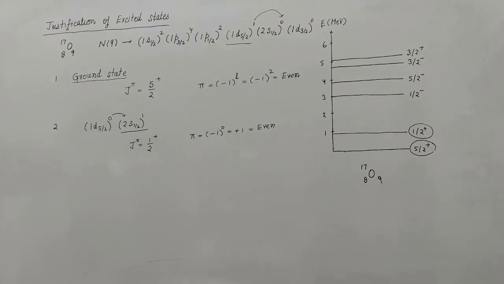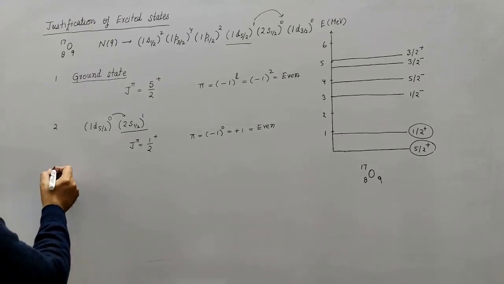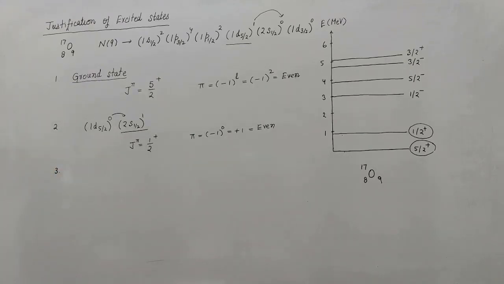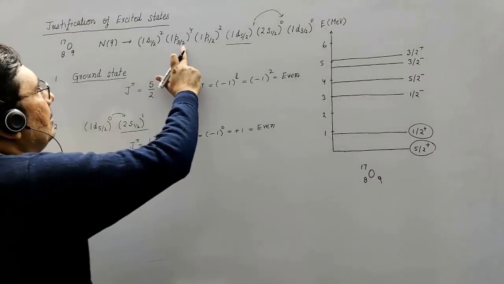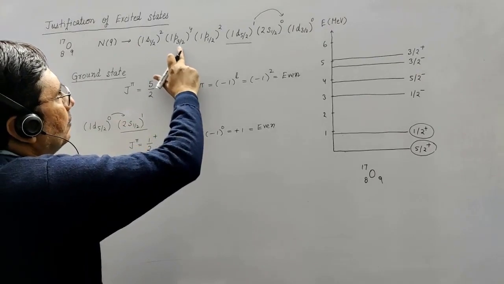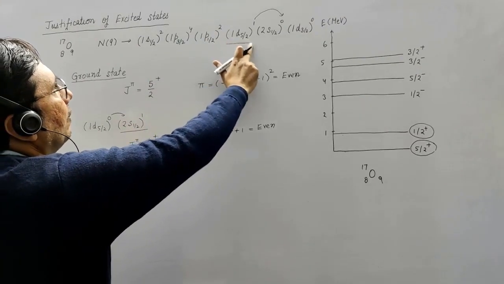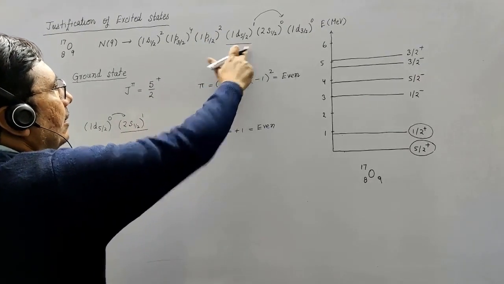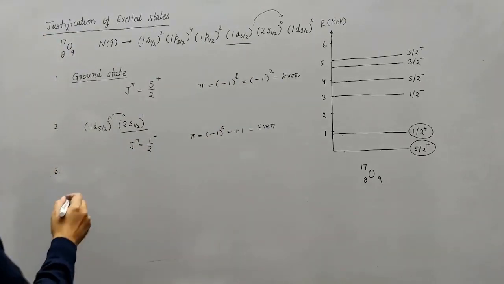Now, come to the next excited state, the third type of excited state. This will come into the picture if one of the neutrons which is here in 1p 3/2 jumps from here to 1d 5/2.